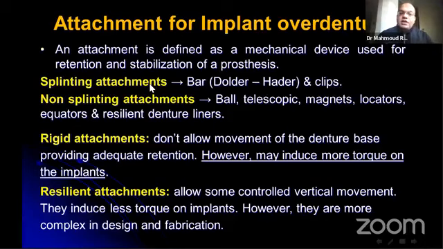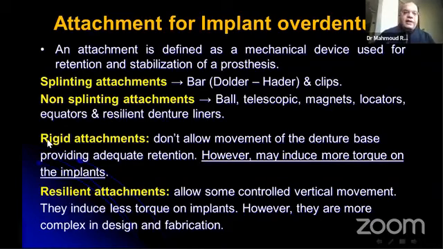Attachments are divided into splinting and non-splinting attachments. The splinting attachment, as we said before, is the bar attachment, and the non-splinting attachments are ball, telescopic, magnet, locator, equator, and resilient denture liners can also be used as a female housing for the bar.